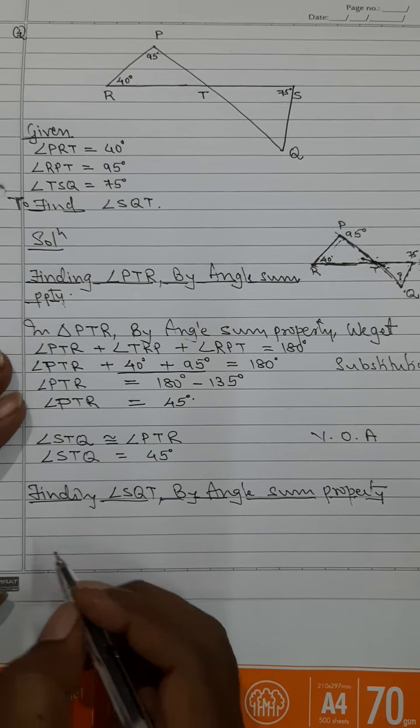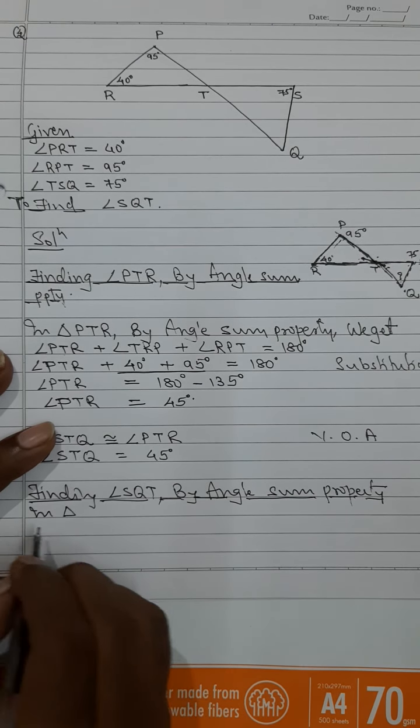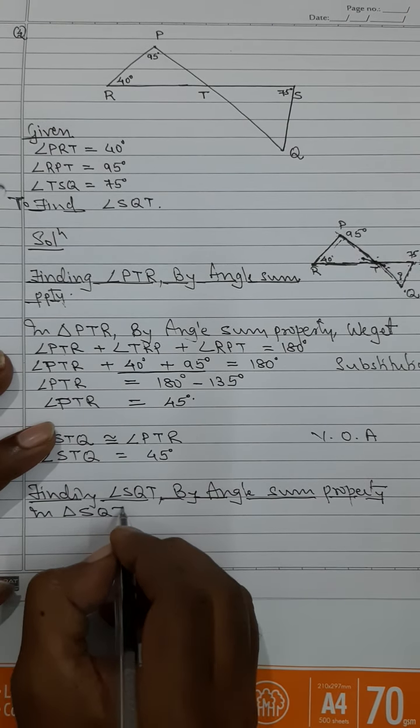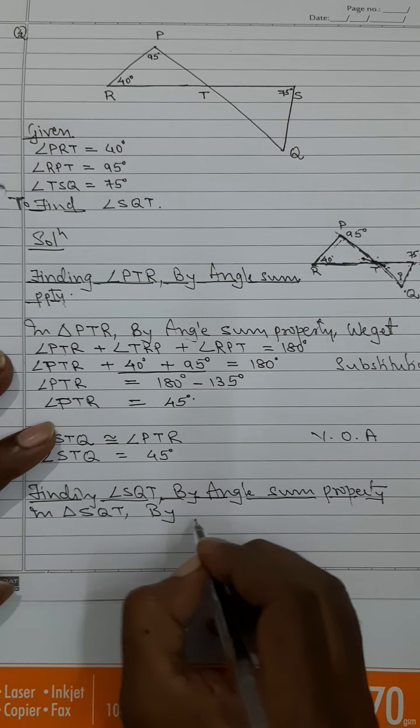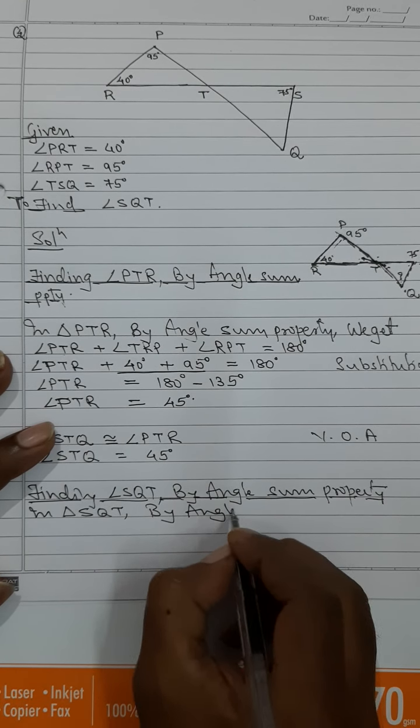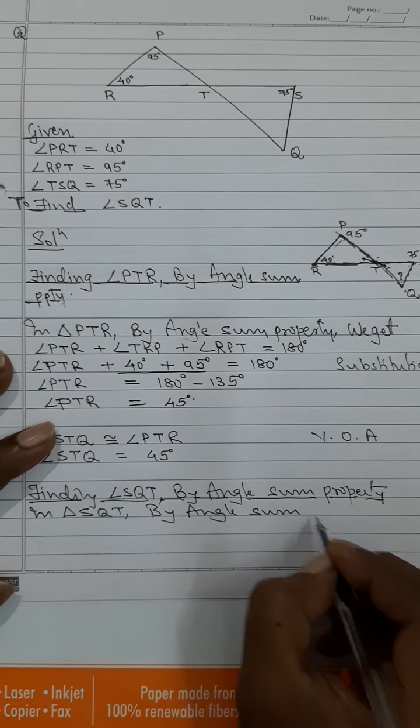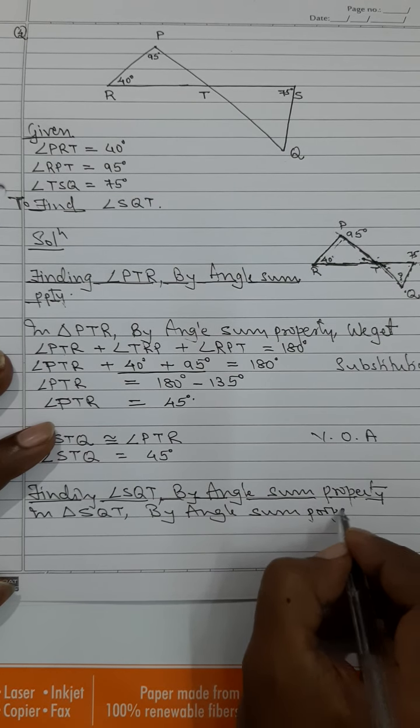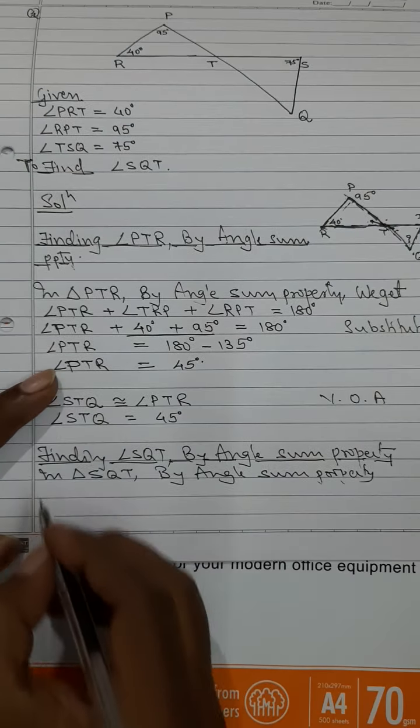What do you get over here? Again you will write, in triangle SQT by angle sum property. What do we get?